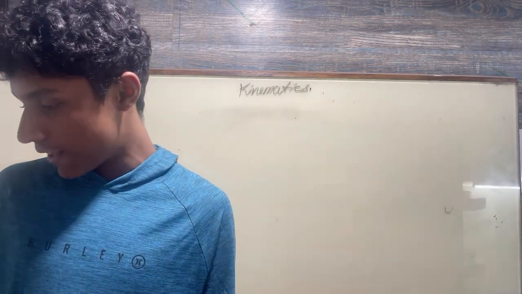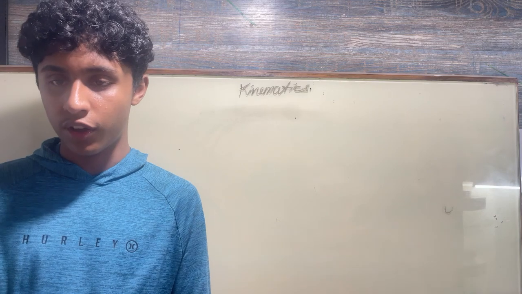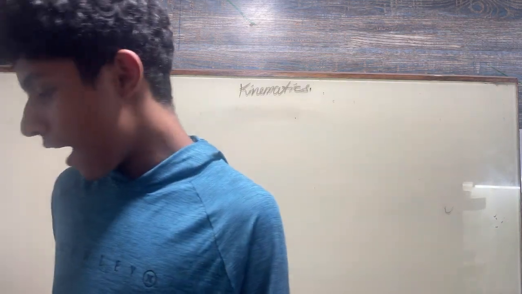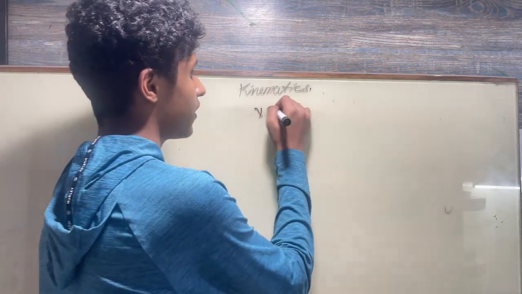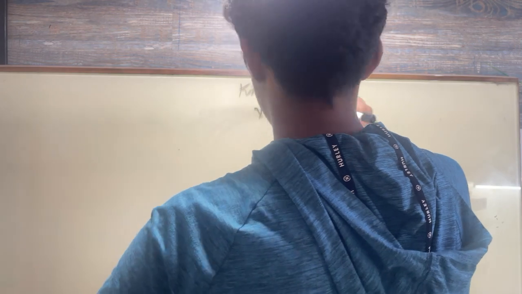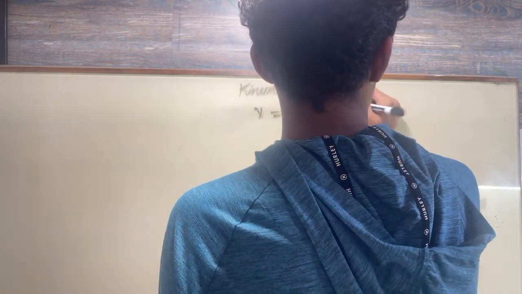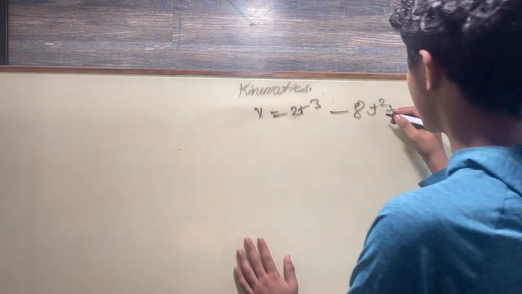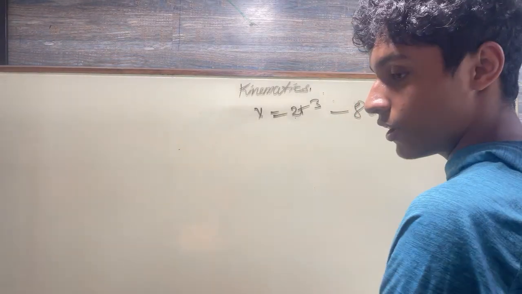We won't start with that because we'll talk about that in a moment. But my x is given as 2t cube minus 8t square plus 4t minus 2. Sorry if I'm looking a lot in that direction, that's where my book is.